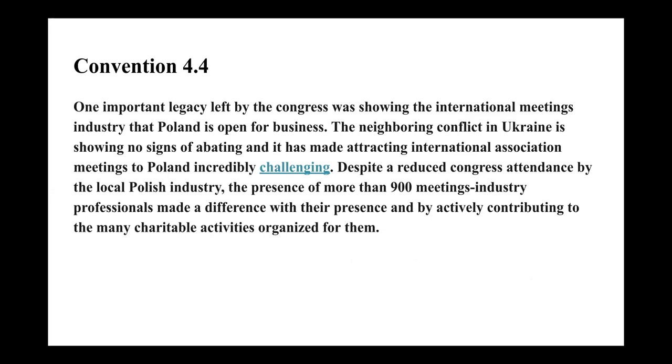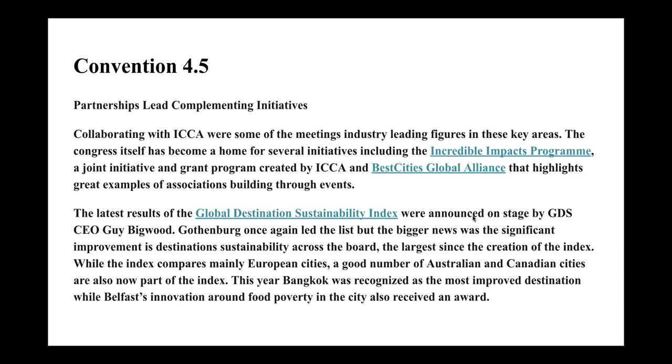When it comes to connecting with international association meetings, for now it has changed to more and more distance communication or telecommunication. A convention is a congress where we see meeting industry professionals make a difference, and we also have to make more and more interesting activities which can be organized with a convention here.